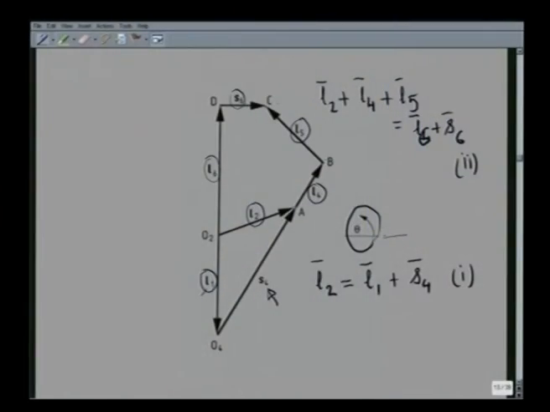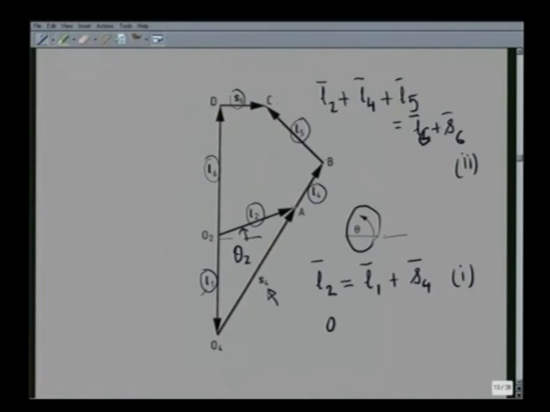What is prescribed to us are all the link length vectors, that is L1, L2, L4, L5 and L6, and the input angle theta 2, that is the angle that link 2 makes with a reference line, that is the x axis. So, these are given and we have to find out the orientation of all other links and also the slider displacement, that is S4 and S6.